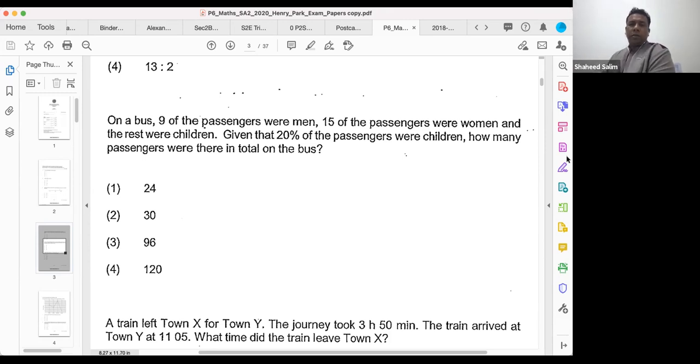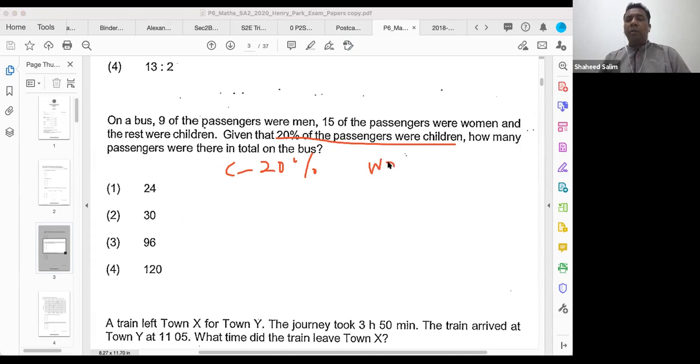Okay, is that 96? Let us see. Now, they tell us that the children are 20%. So what about the adult passengers, the woman and the man?